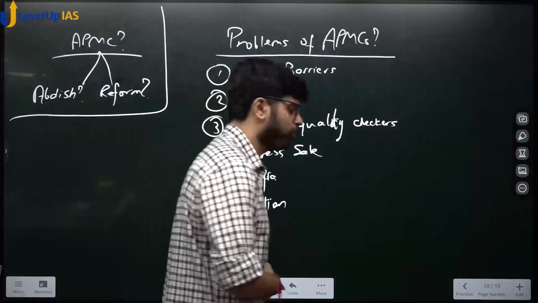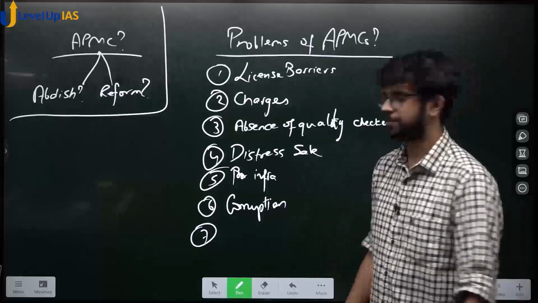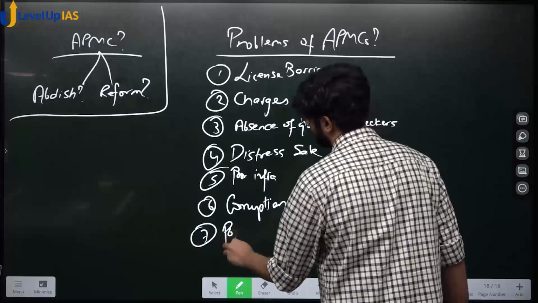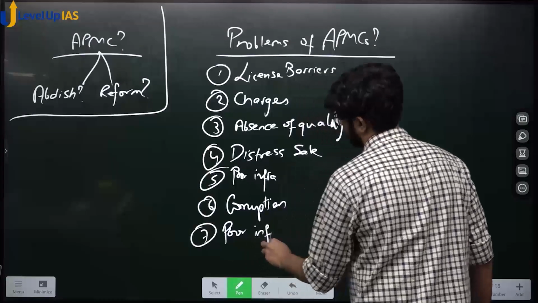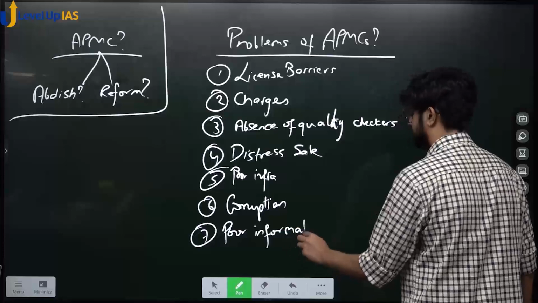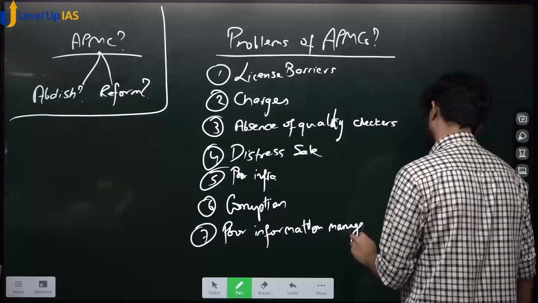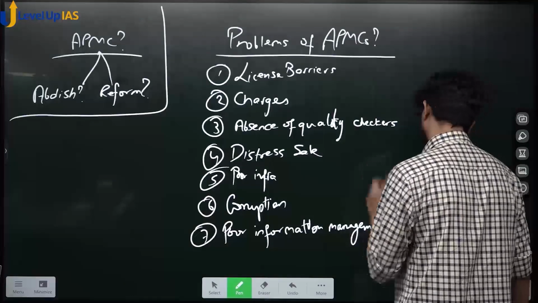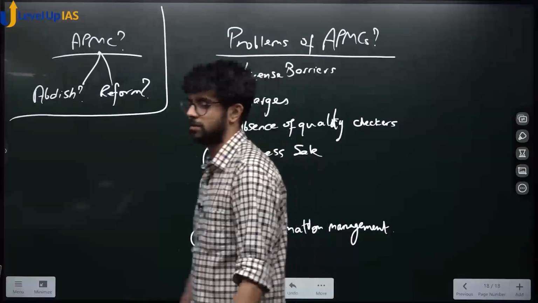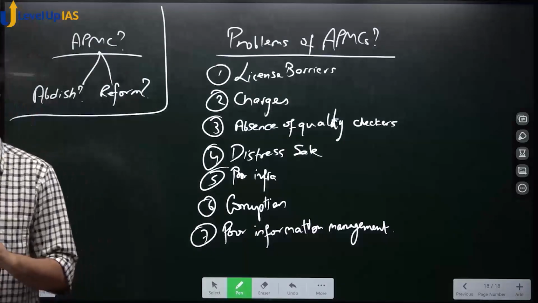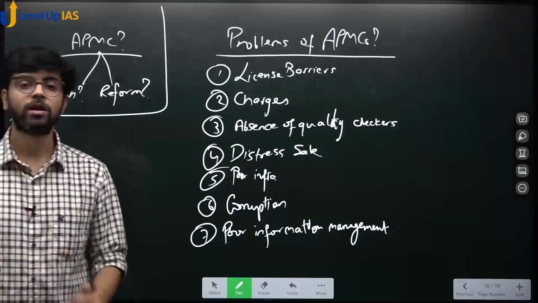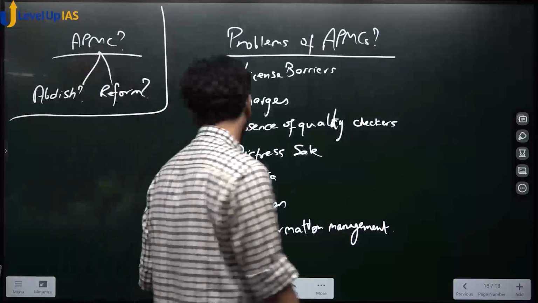APMC में who is coming, who is going, no data, nothing. Poor information management. ठीक है? And what? Finally, the biggest issue of APMC.